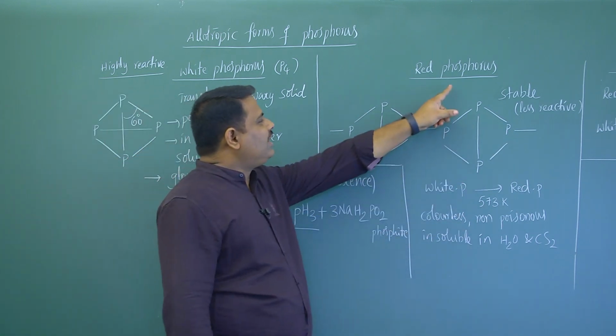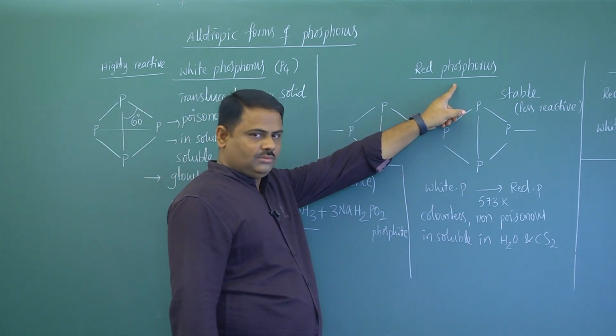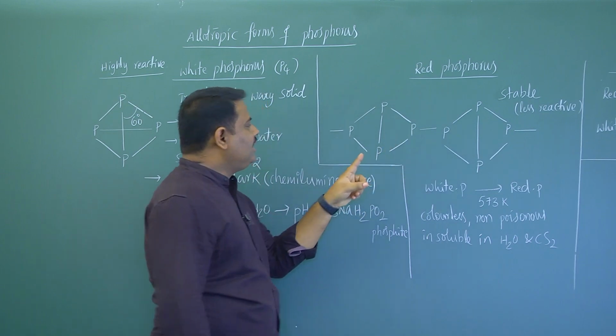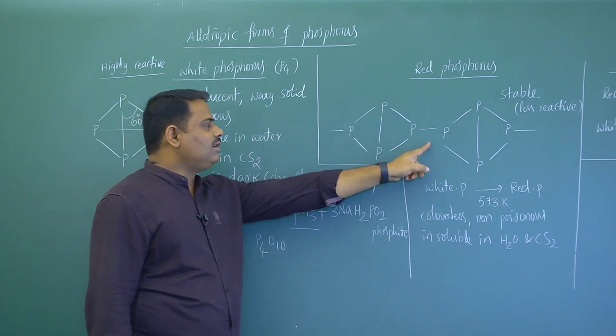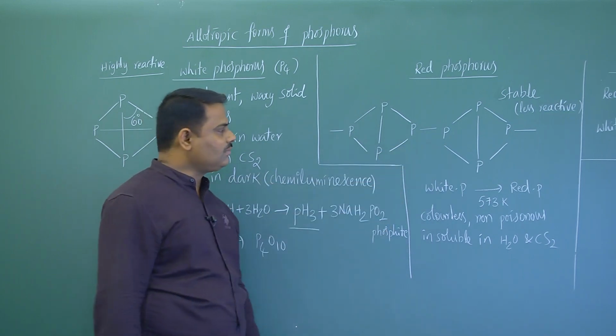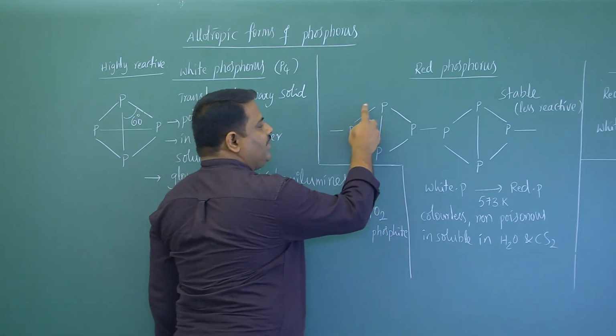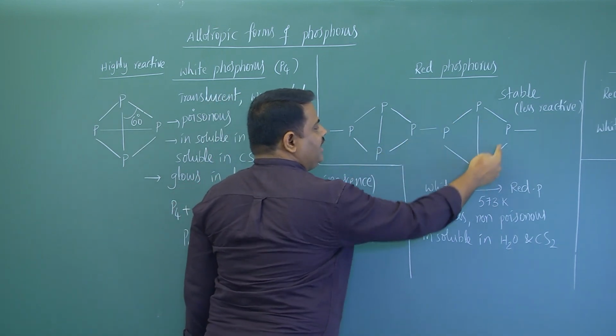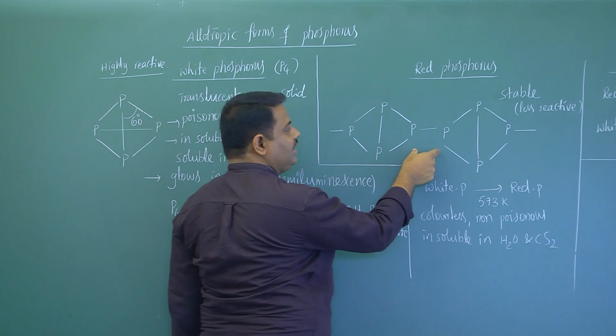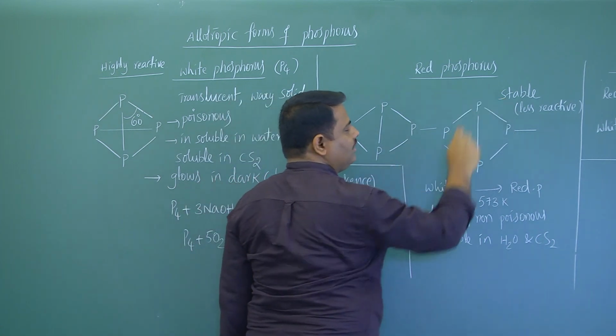Move to red phosphorus. Clearly you can see the difference between white and red phosphorus in case of structures. Here this is one P4 unit that is connected to another P4 unit. That's why this is stable.